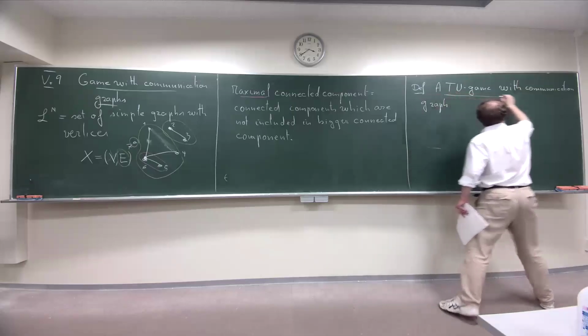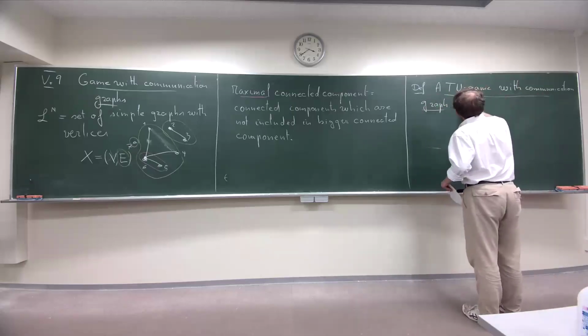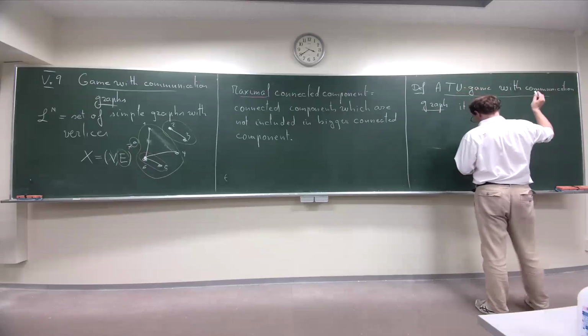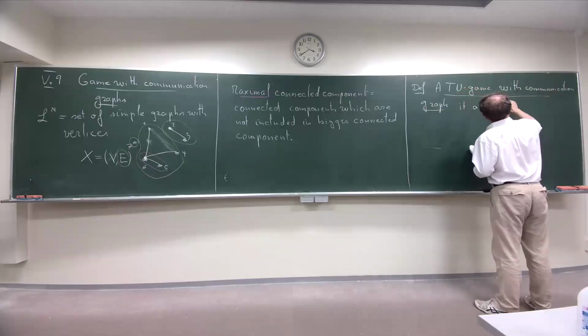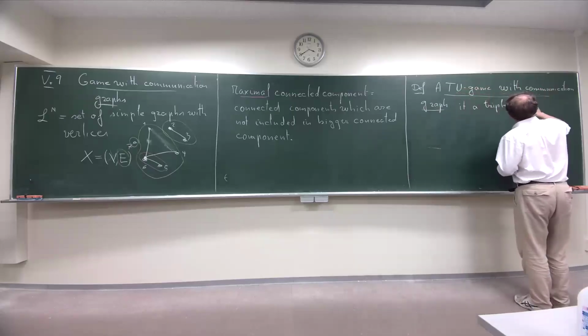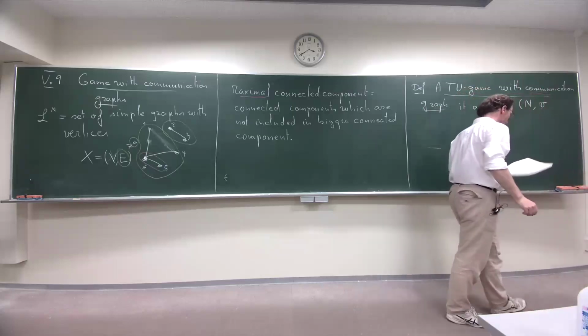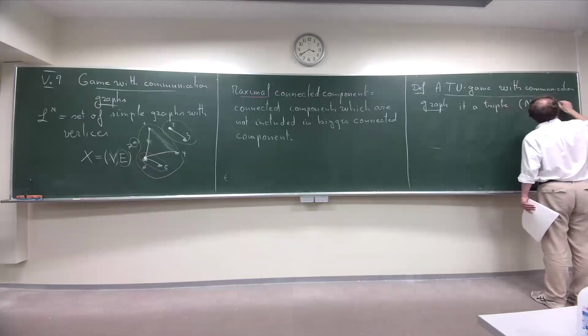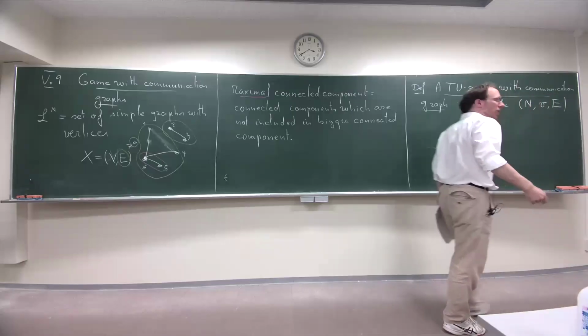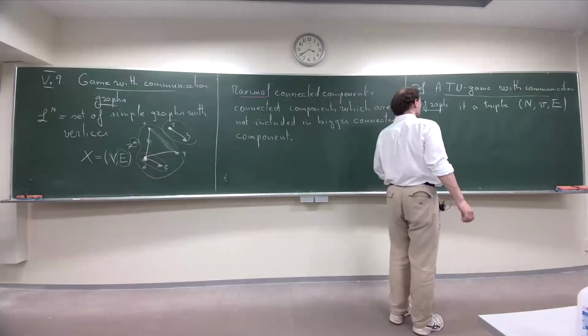Now you can guess what it is. It is a triple. You need 3 pieces of information. You have the set N, you have this function V, and you have the set of edges, because as I said, this is the only important information.